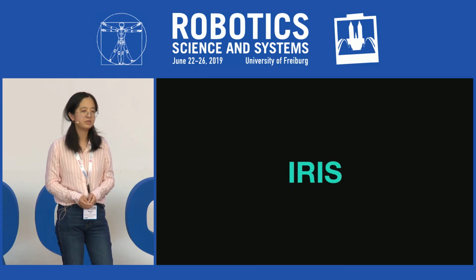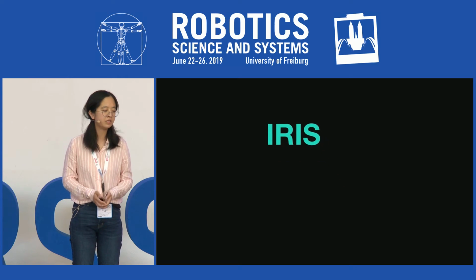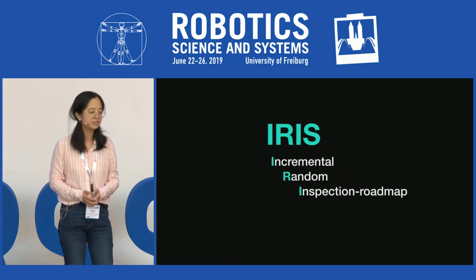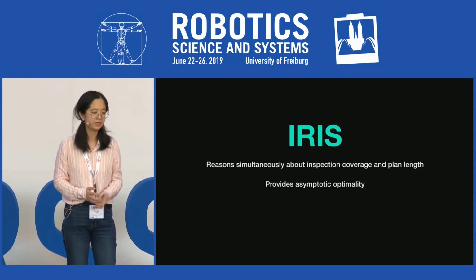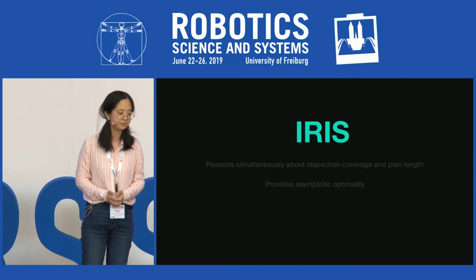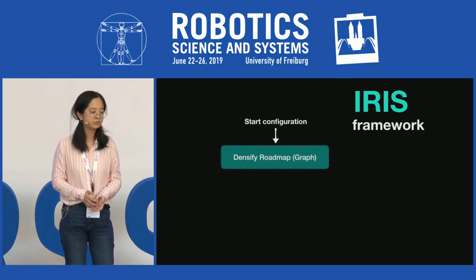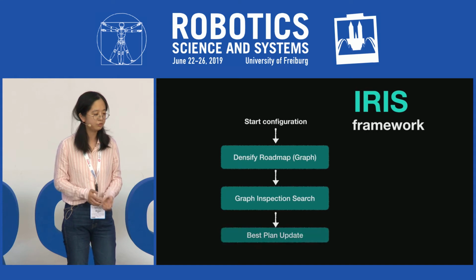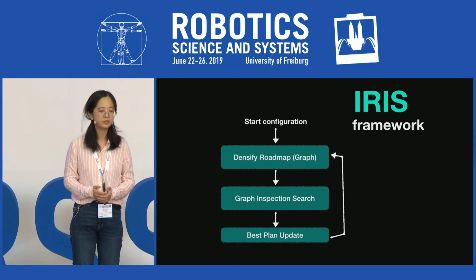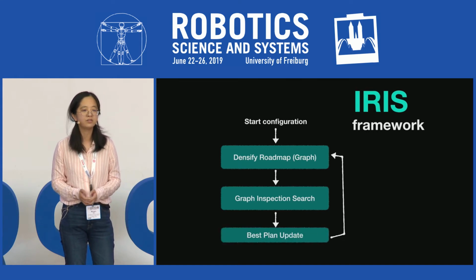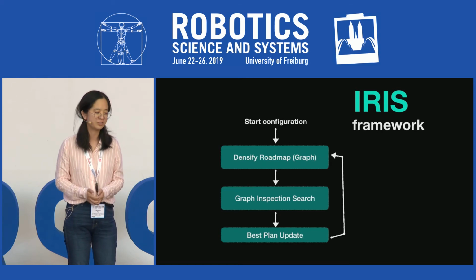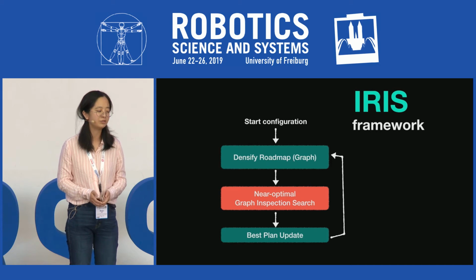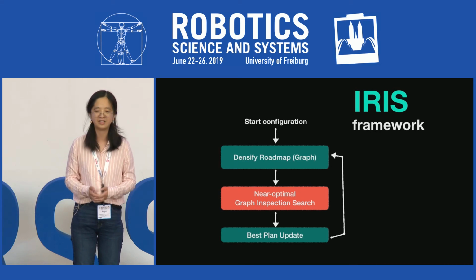So here we present a novel algorithm, IRIS, which stands for Incremental Random Inspection Roadmap Search. IRIS reasons about inspection coverage and plan length simultaneously, and it also provides asymptotic optimality. In the IRIS framework, we iteratively densify a roadmap and do graph inspection search, which computes the optimal inspection plan on the roadmap. Unfortunately, this optimal search is already computationally hard, so the key insight is to do near-optimal graph search instead.